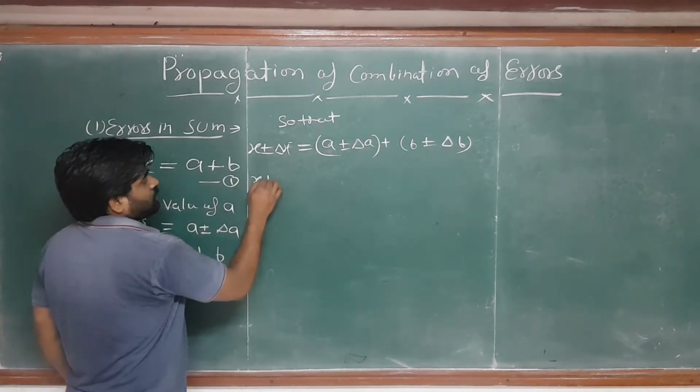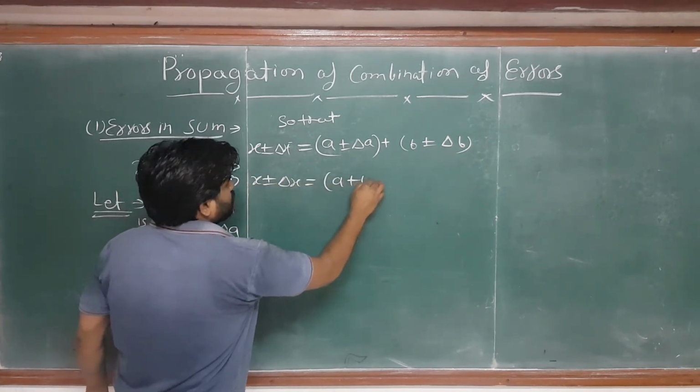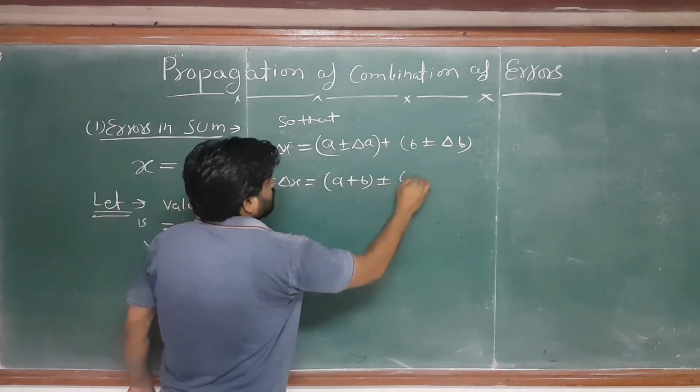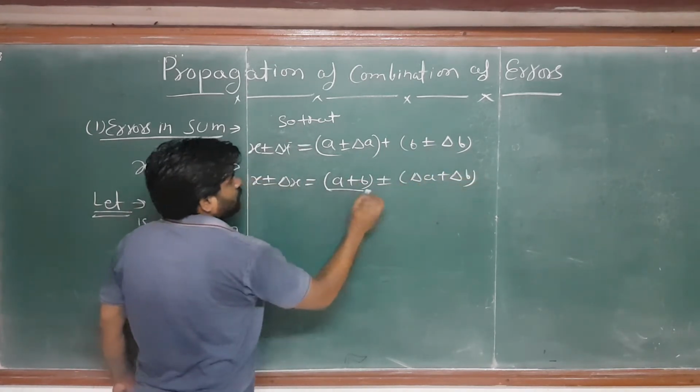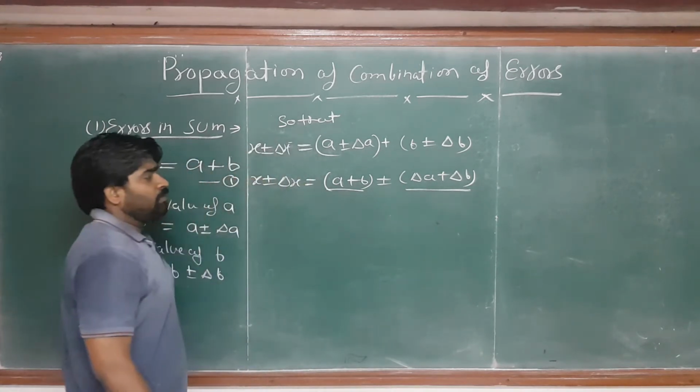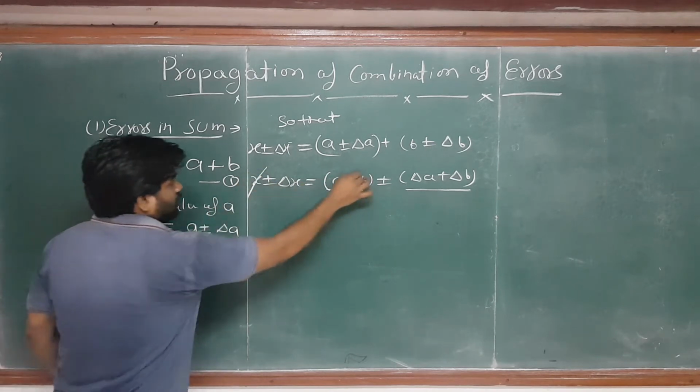So x plus minus del x is equal to a plus b plus minus del a plus del b. You can write a plus b together and del a plus del b together. Here a plus b is equal to x, so these will cancel.